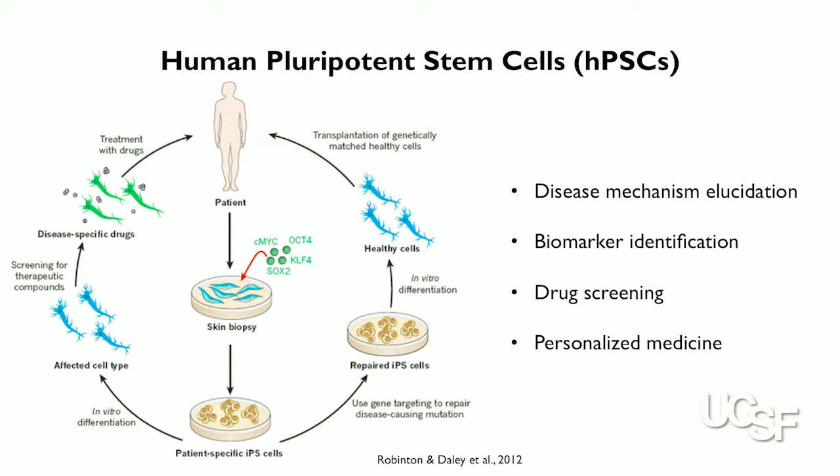Meanwhile, if we can correct the mutations in the patient-derived iPS cells, we can compare the morphology of the corrected cells with the mutant cells, giving insight into mechanisms. This model system also makes drug selection and screening easier.